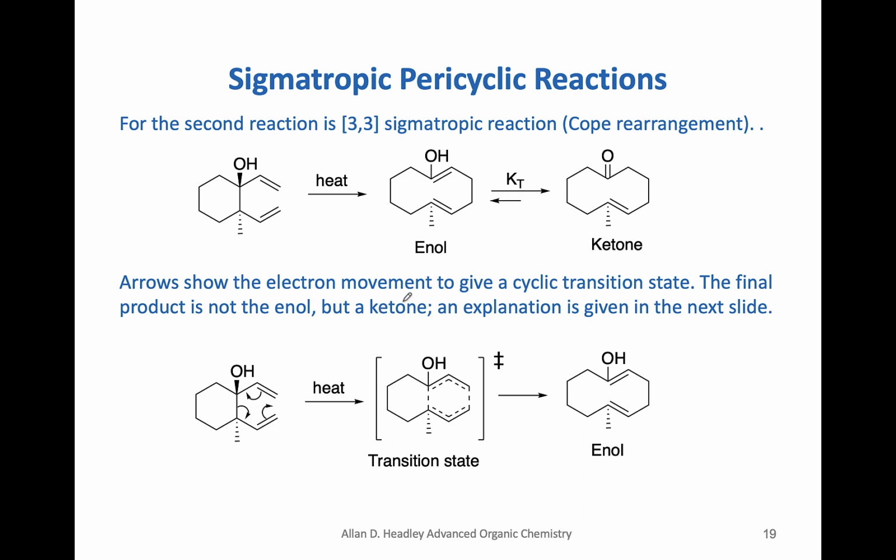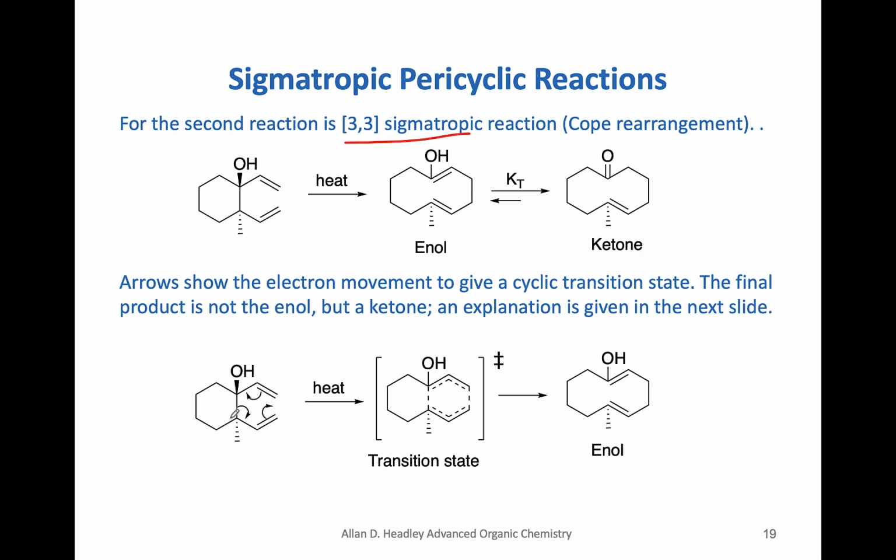Let's look at the next reaction. As you can see, it's again just a 3,3 sigmatropic rearrangement, because here's the bond that's been broken, here's the bond that's been formed. So 1, 2, and 3, 1, 2, and 3. Using the electron movement formalism, a bond is formed here.